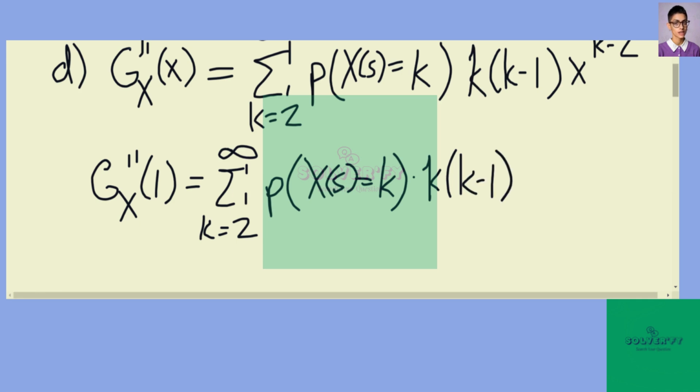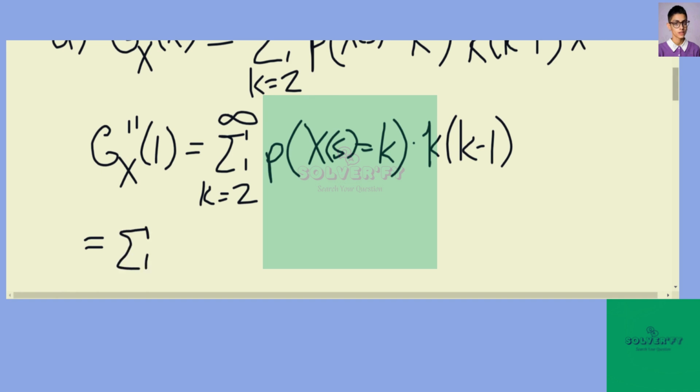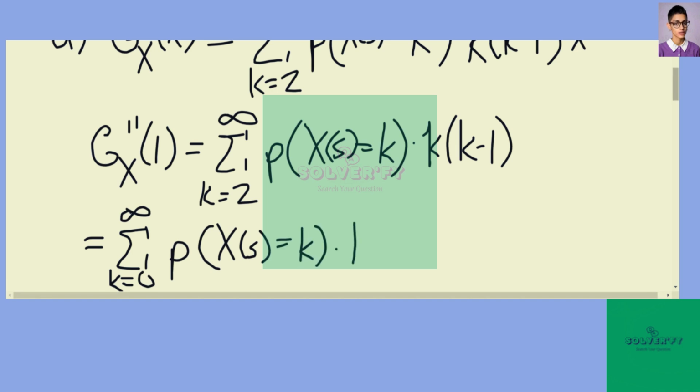Recognize that if k is equal to 1, then this expression is equal to 0, and if k is equal to 0, this expression is equal to 0. So this is the same as the sum from k equals 0 to infinity of the probability that X(s) equals k times k minus 1.